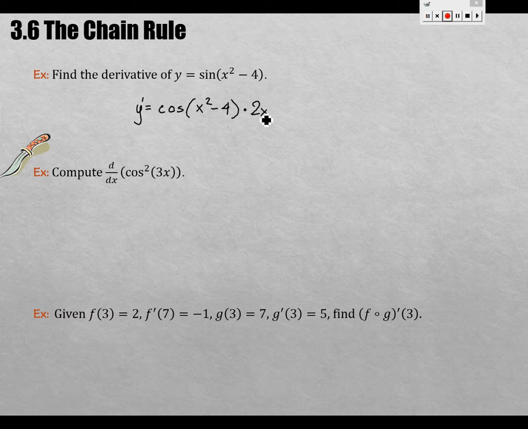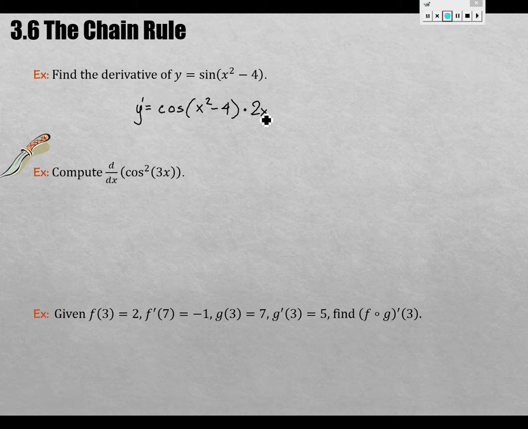Good. Give this one a try. Why is there a dagger in front of this one? Because it's a tricky one. That's true. But why is it tricky? Keep in mind that by cosine squared of 3x, we mean cosine of 3x, all squared.